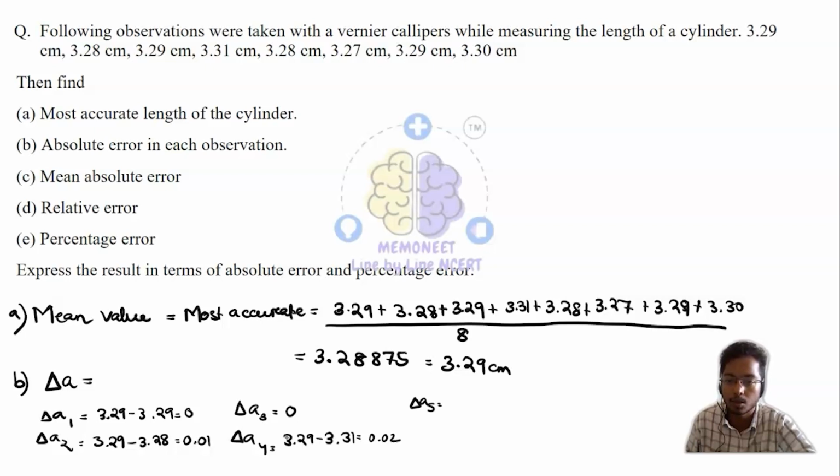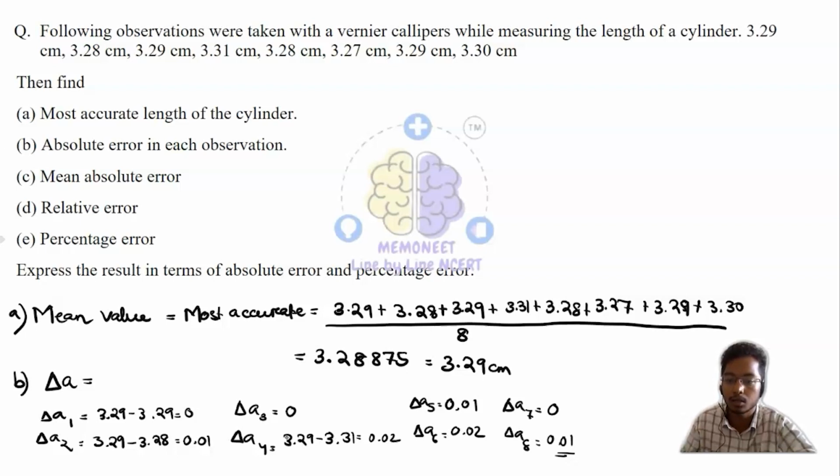Del A5 is 3.29 minus 3.28, that is 0.01. Del A6 is 3.29 minus 3.27, that is 0.02. Del A7 is 3.29 minus 3.29, that is 0. And del A8 is 3.29 minus 3.30, that is minus 0.01. It will be 0.01, since the absolute error is positive.